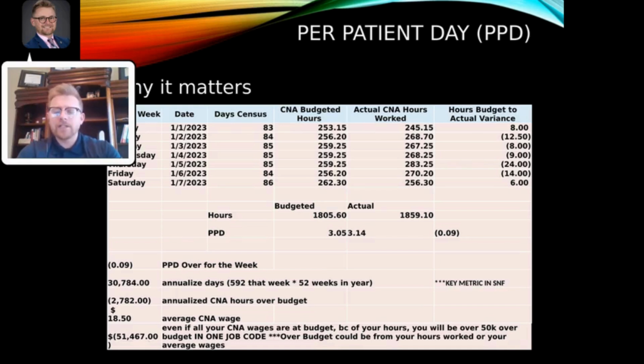It allows us to look at our daily census, our daily heads in the bed, calculate our patient days within a given period, utilize the PPD budgets that are given to us, and then try to manage the up and down of our patient caseload, of our patient days.